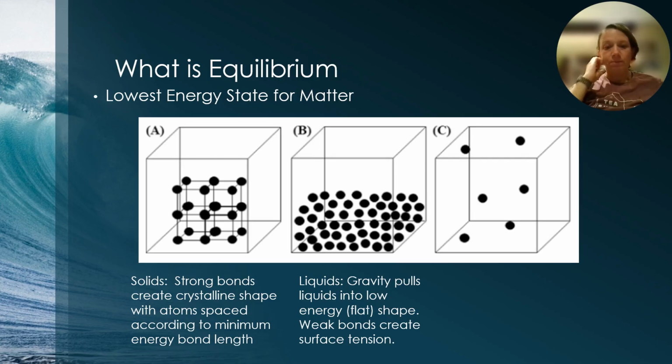In a liquid, we don't have these rigid bonds between the molecules. And that means that gravity as a force is actually comparatively stronger than the forces between the molecules. That means the molecules are able to be pulled downwards, which is why liquids sink into the bottom of a container on Earth. The shape of a liquid is generally speaking flat.